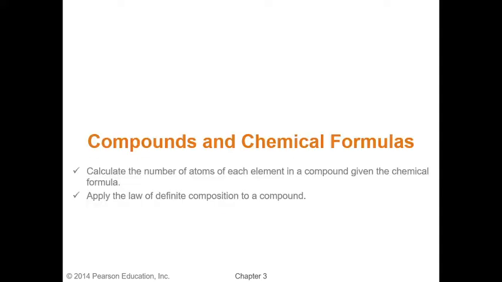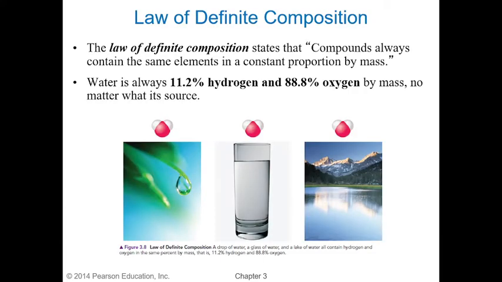Now, for compounds naman, kasi elements yung kanina pinag-uusapan natin. Paano naman yung mga compounds? So, when you say compounds, these are combinations of one or more elements. In these slides, we will try to calculate the number of atoms for each element in a compound given a chemical formula, and we will apply the law of definite proportion or composition to a compound.